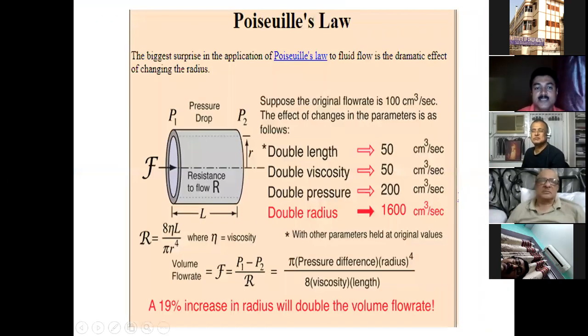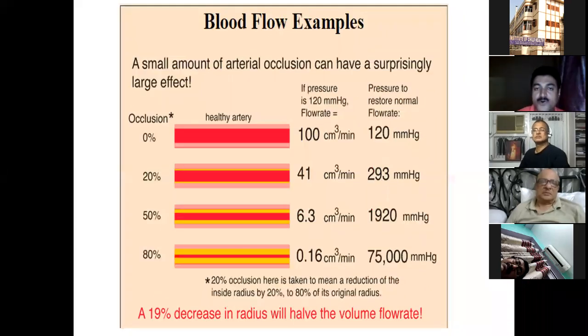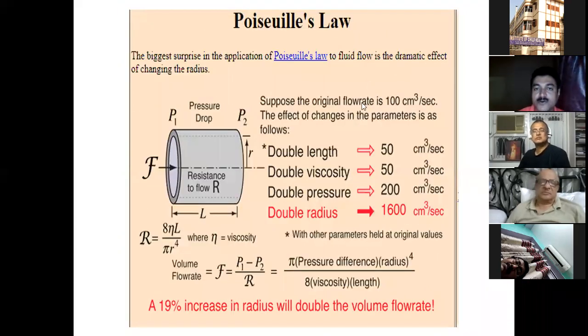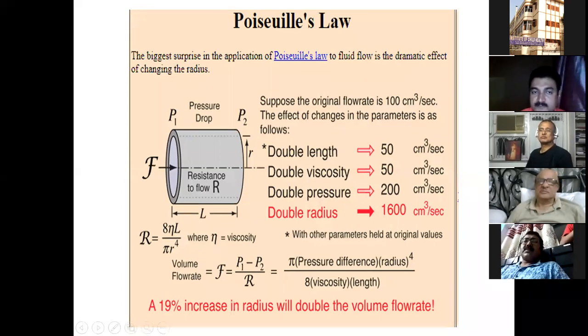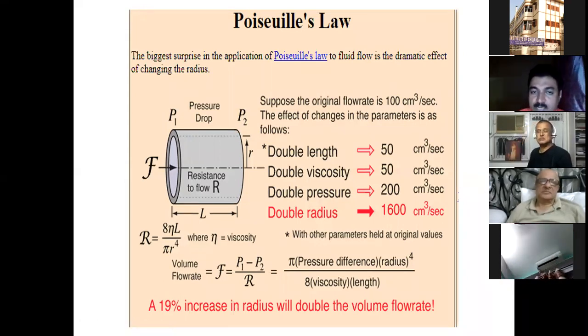Next is a prototype where the flow rate is 100 centimeter cube per second. If in this we increase the length by double, then the flow rate is 50%, from 100 it is 50.